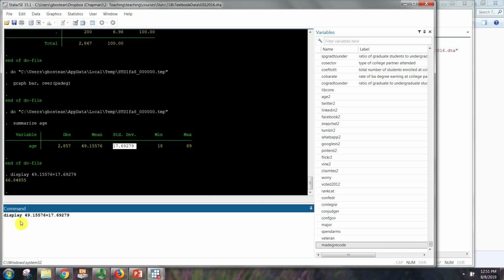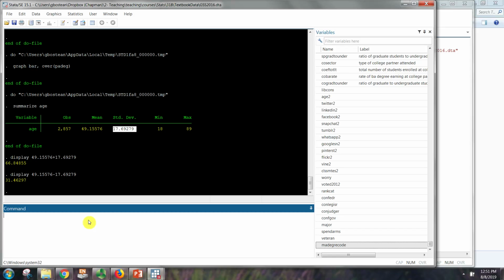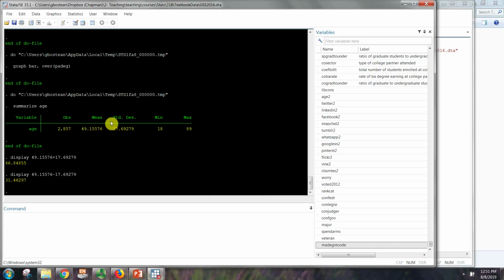You can make a command appear quickly in the window by just pressing page up or page down, and it will call up the previous command with page up and the subsequent command with page down. So here I'm taking the mean and I'm adding one standard deviation to give us the top of the range, so it's approximately 67 years old, and the bottom of this range is approximately 30 years old.